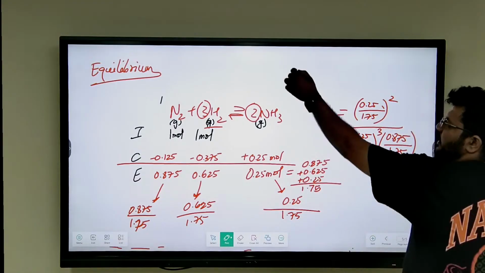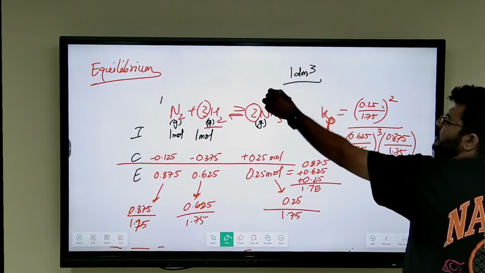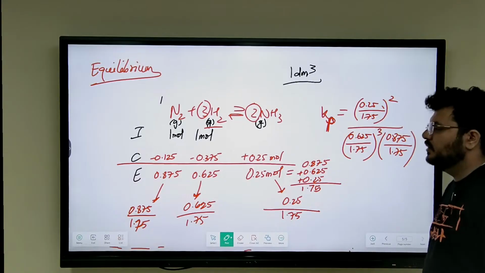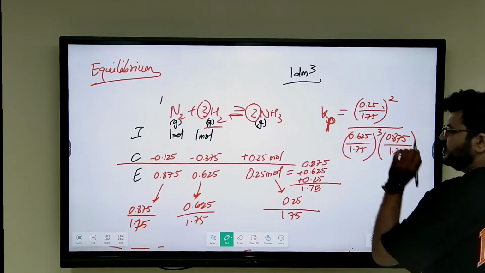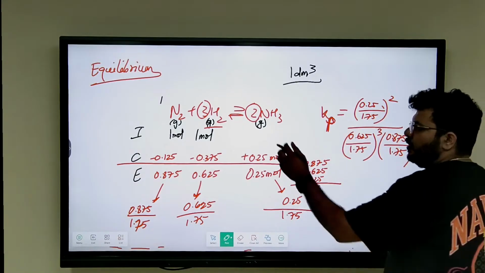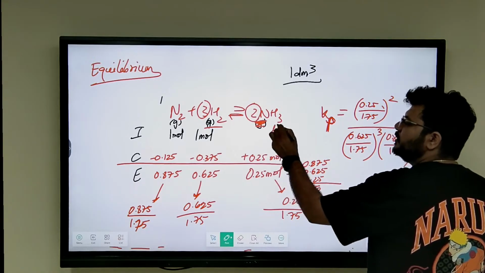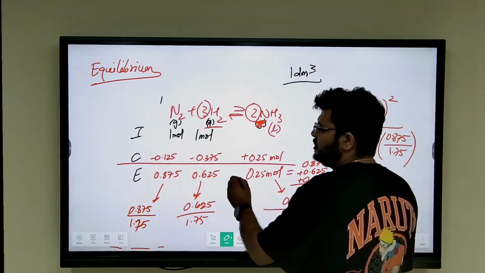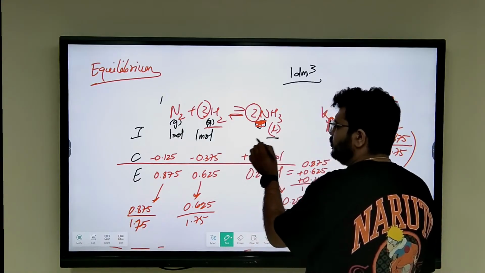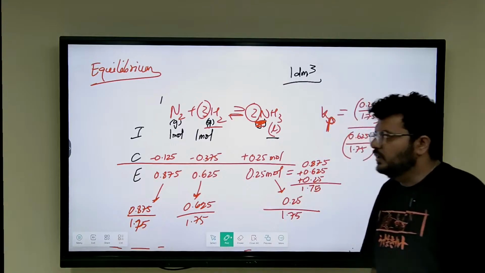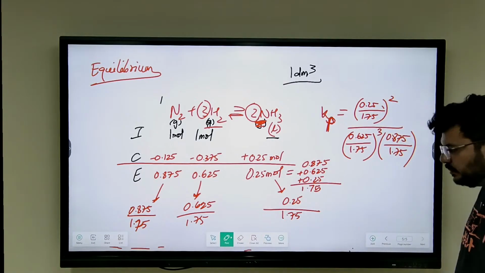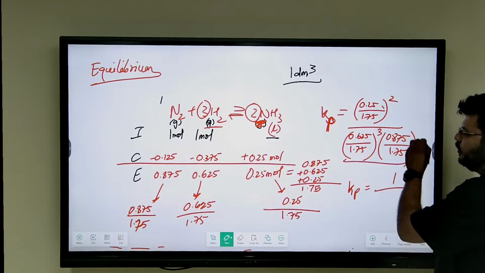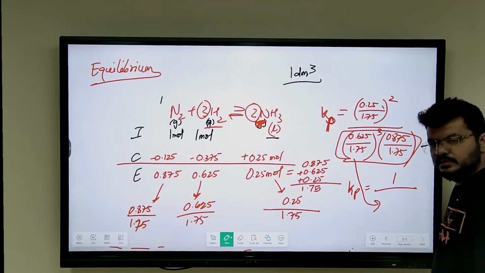Here I have assumed, I forgot to say, that the question was framed such that 1 dm cube is the volume, right? So this is your Kp. If somehow they have said that in equilibrium this is made into liquid, then you use this logic to find the number of moles of N2 and 3H2, but your Kp will be 1 upon whatever this value is.